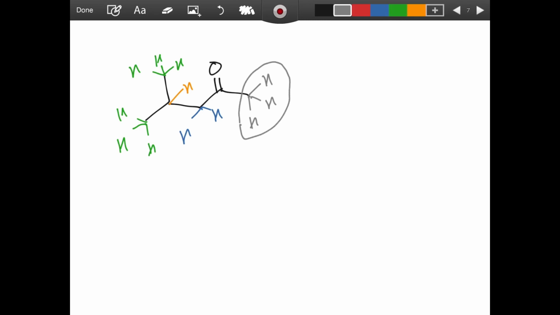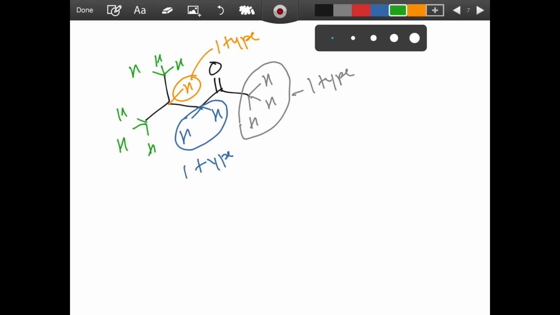They're a CH3 beside a ketone. So this is one type. The blue hydrogens, they're the only CH2 in the molecule. There's no other CH2s. So that is also one type. The orange hydrogen, again, is unique. There's only one CH in the whole molecule, so it has to be its own type.